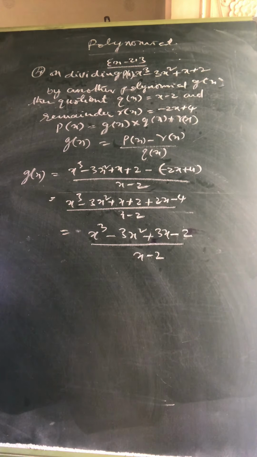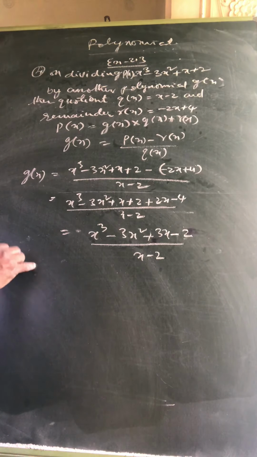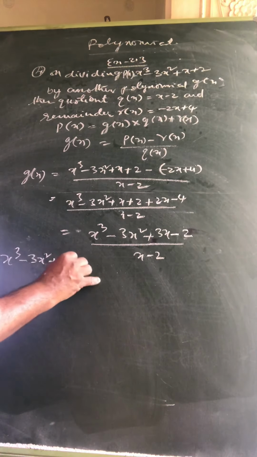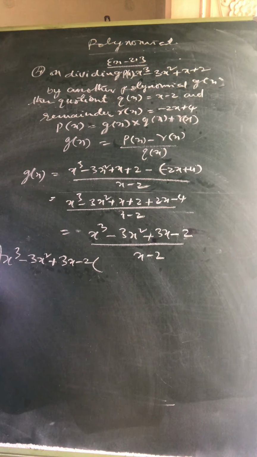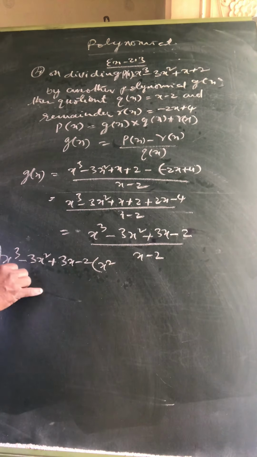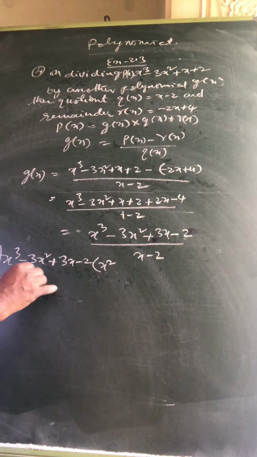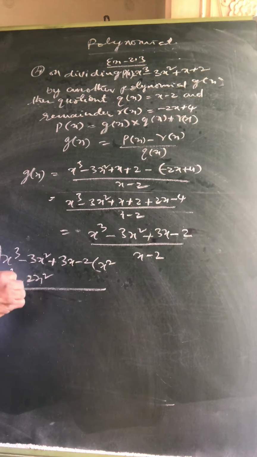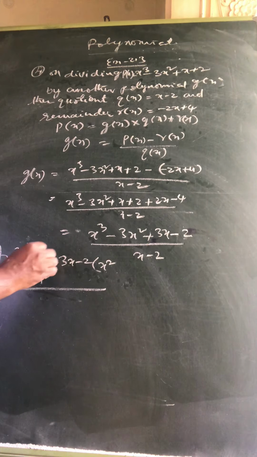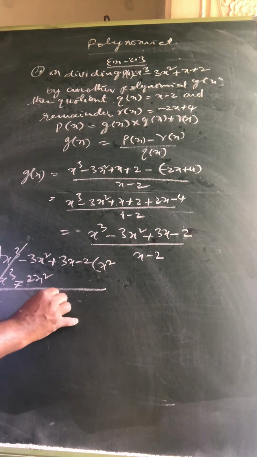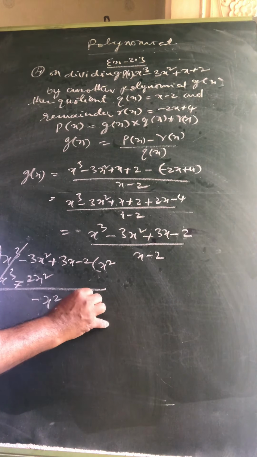Okay. Now we have to do the division. x cube minus 3x square plus 3x minus 2 by x minus 2. x square times x is x cube, x square into minus 2 is minus 2x square; signs change and they cancel. Minus 3x square plus 2x square is equal to minus x square plus 3x.